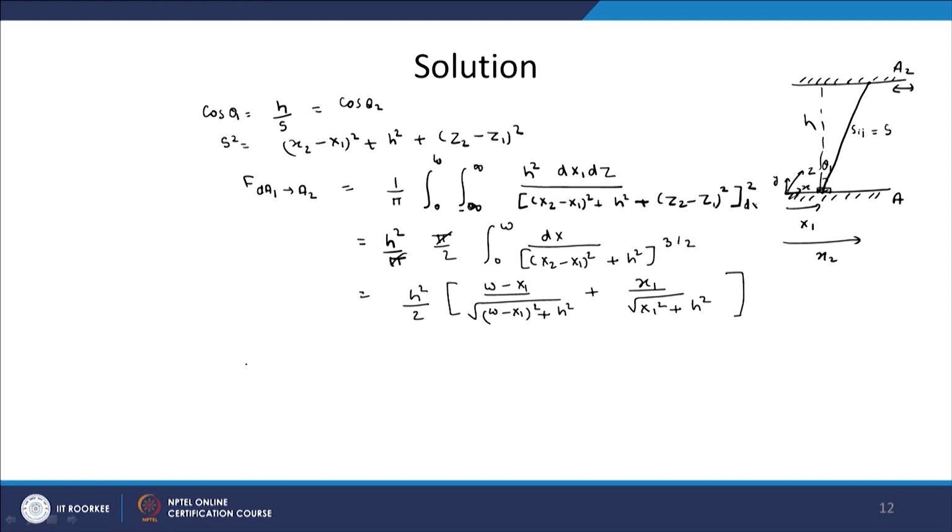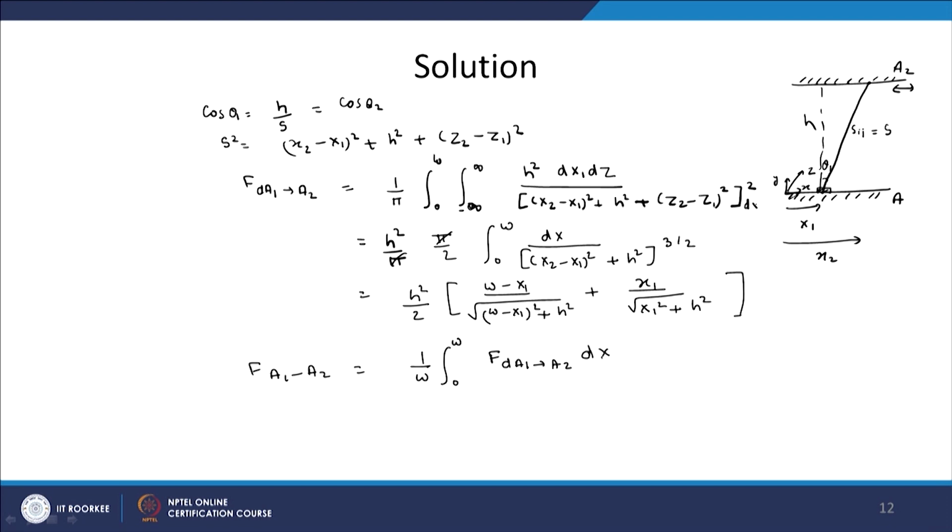Now, to calculate the view factor from entire surface A1 to A2, we just have to integrate over the entire surface A1. So, this will be 1 upon w, integral 0 to w of F dA1 to A2, and then we just integrate over dx.